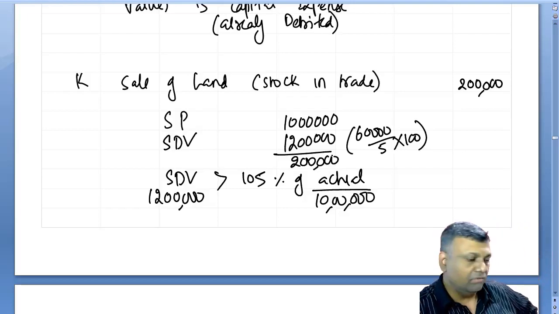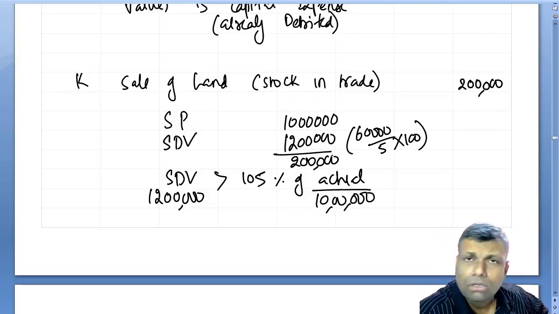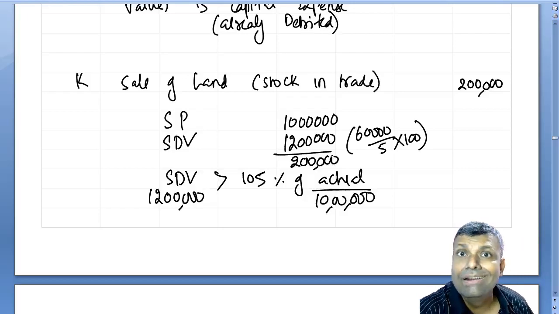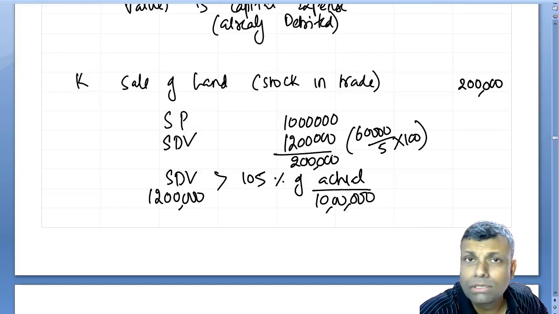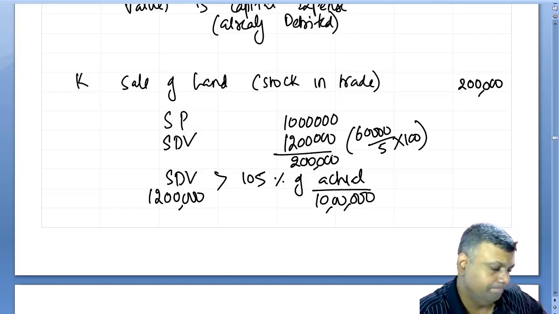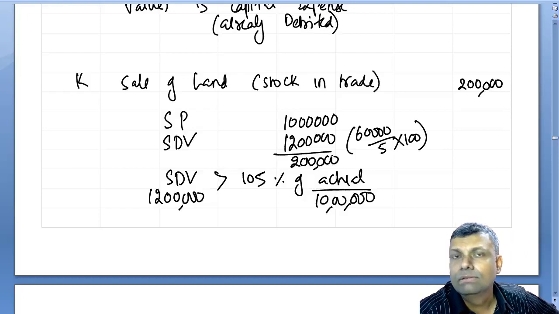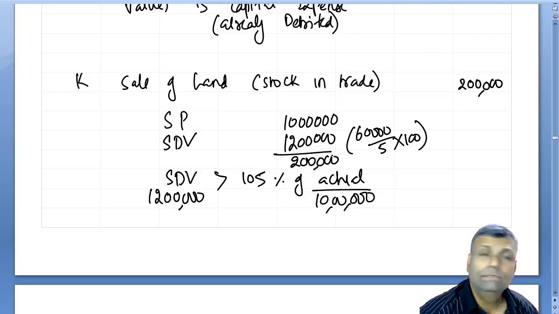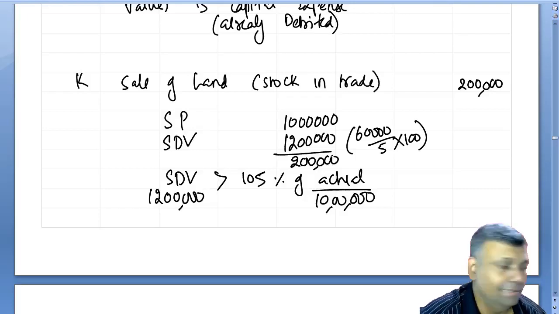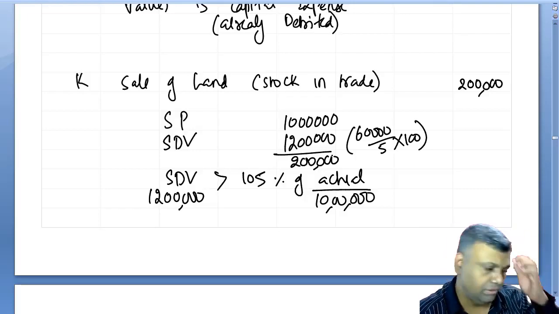So basically the government is trying to say by the provisions of the law that there is an undervaluation done by the taxpayer, and that undervaluation is caught, and there is not a marginal undervaluation, there is significant undervaluation. So up to 5%, government says okay, we'll be happy. But in your case it is beyond that, so we are not happy, we are going to add it.